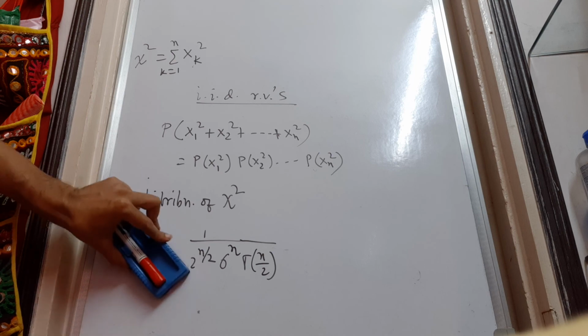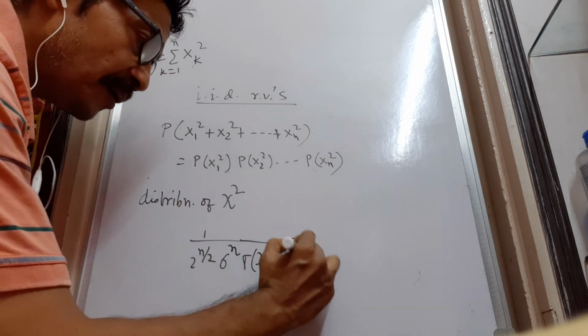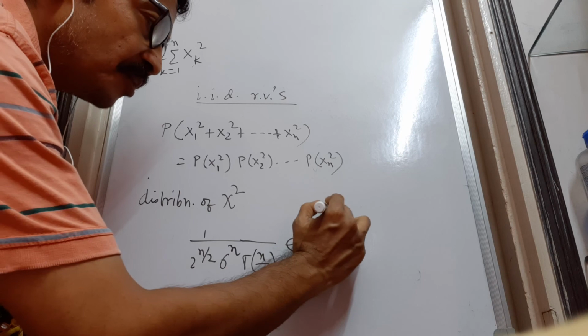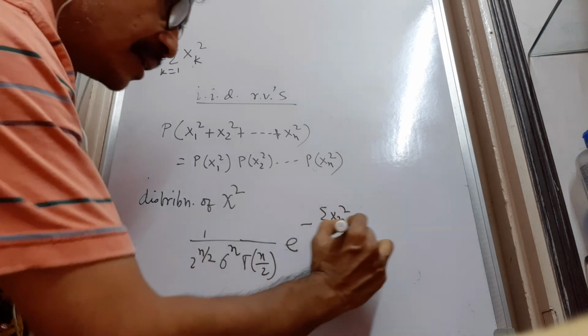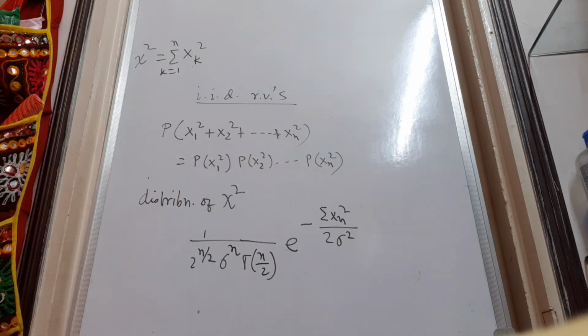And in case of e to the power, what do we have? We have e to the power minus x n square by 2 sigma square, is it not so?